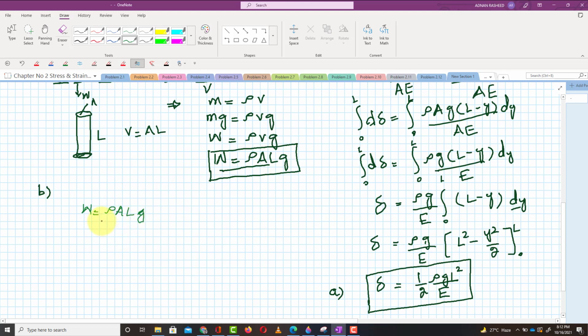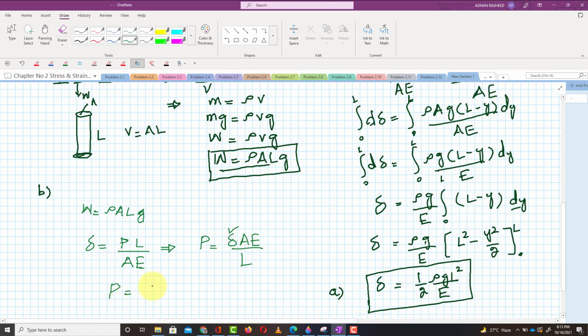Clear? And now the force, and we know that change in length is equal to P L divided by A into E. Clear? So we will move further, then P will be equal to delta A E over L. Now it is given that the change in length will be the same, so we will put it here.